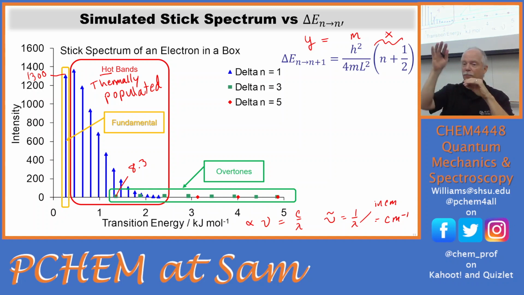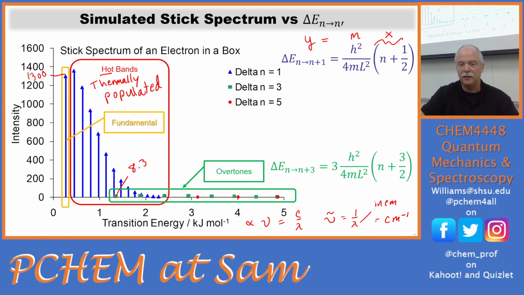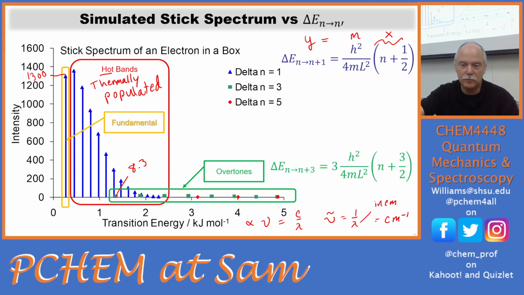And so if I had a column of n plus 1/2, and a column of delta E's, then I could find the slope between the column x and y, and that slope would be h squared over 4mL. And I could pull the length out of that constant, and I could pull the mass out of that constant. And that's what we're going to be doing for the carbon monoxide molecule.